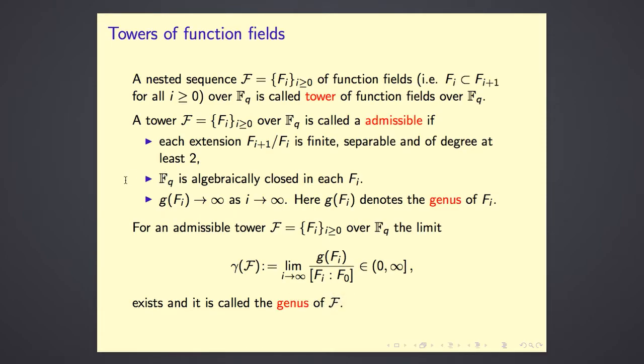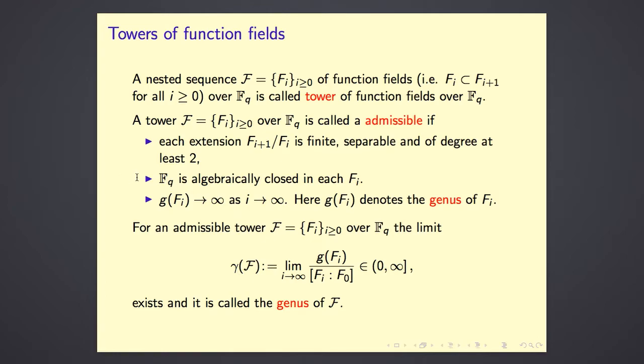So we begin with some basic definitions. A tower of function fields over a finite field Fq is just a nested sequence of function fields. We say that the tower is admissible if each extension F_{i+1} over F_i is finite, separable, and of degree at least 2.